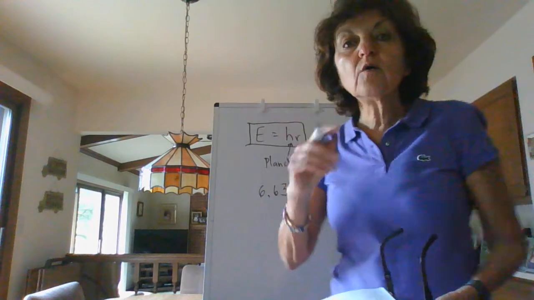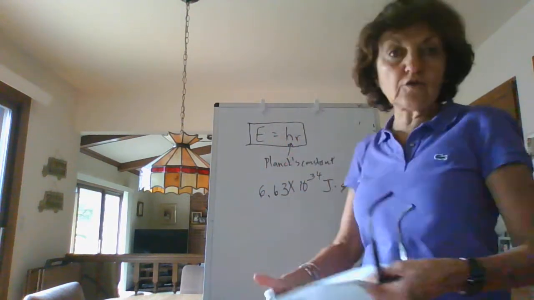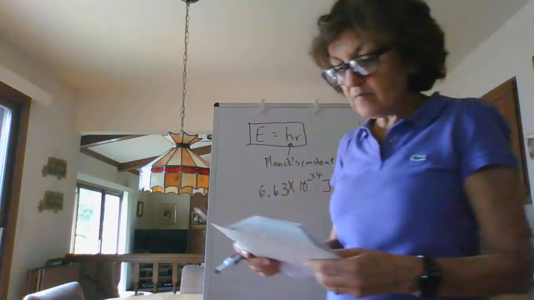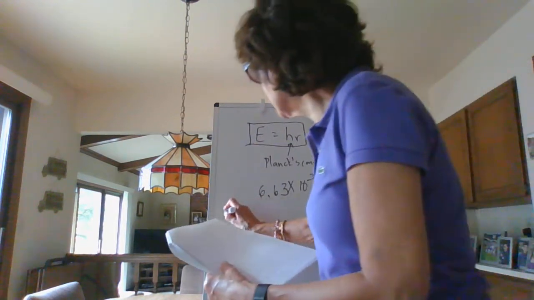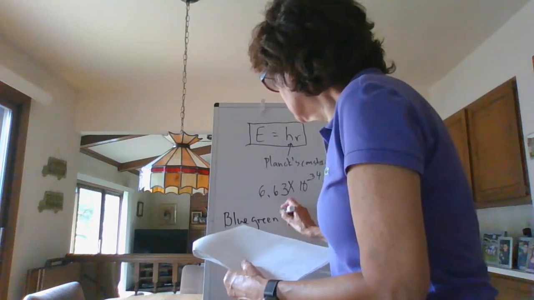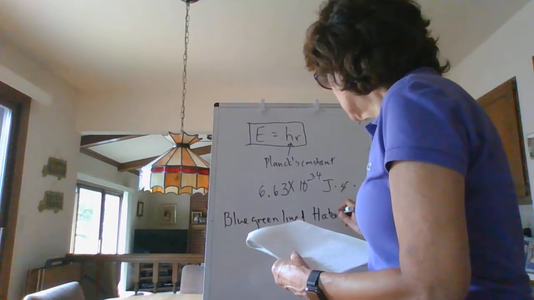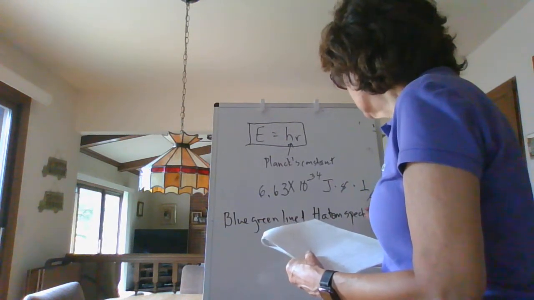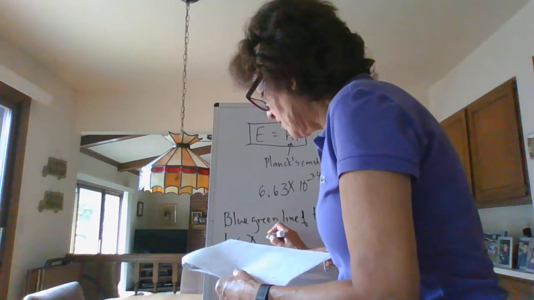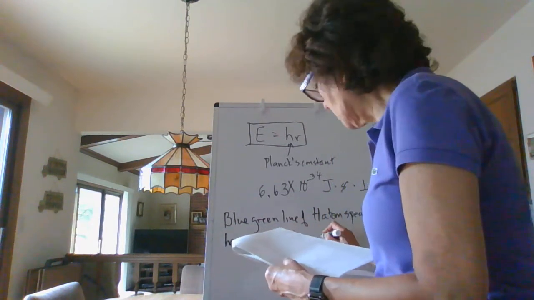So this is your second equation you need to know. The first one was c is equal to lambda nu. The second one is E is equal to h nu. All right, so let's go ahead and solve this problem here. The blue-green line of the hydrogen atom spectrum has a wavelength of 486 nanometers.